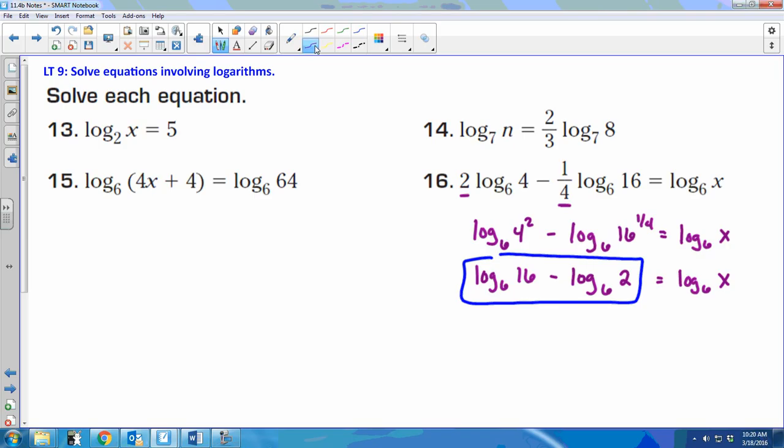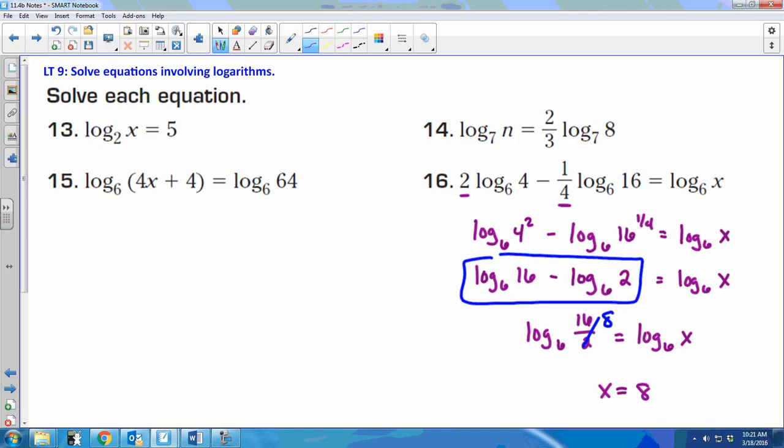So we have log base 6 of 16 over 2, which we all know is just 8. So we have log base 6 on both sides, so we use the equality property, and so now I know that x equals 8. Questions about that?